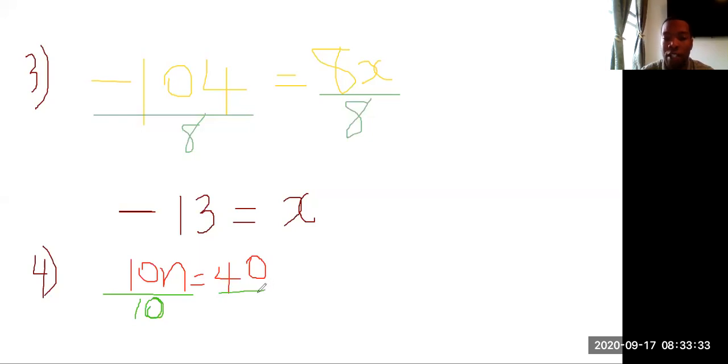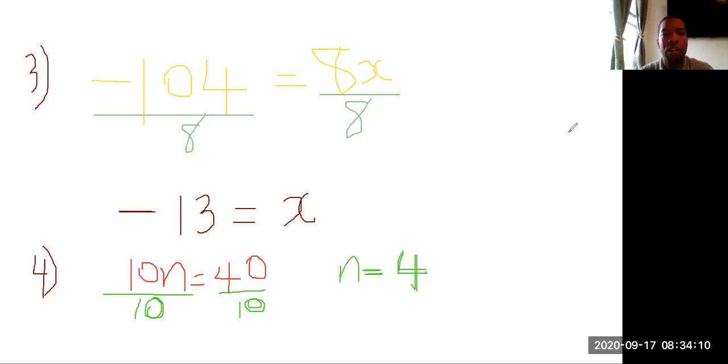Then I have to divide 10 on both sides, because whatever I do on one side, I have to do on the other side. 10 divided by 10 cancels out. So it's n equals 40 divided by 10, which is 4. So my answer is n is equal to 4.